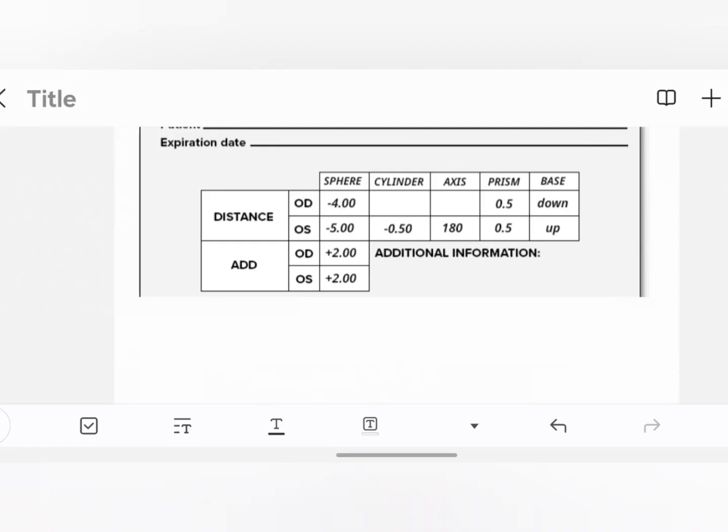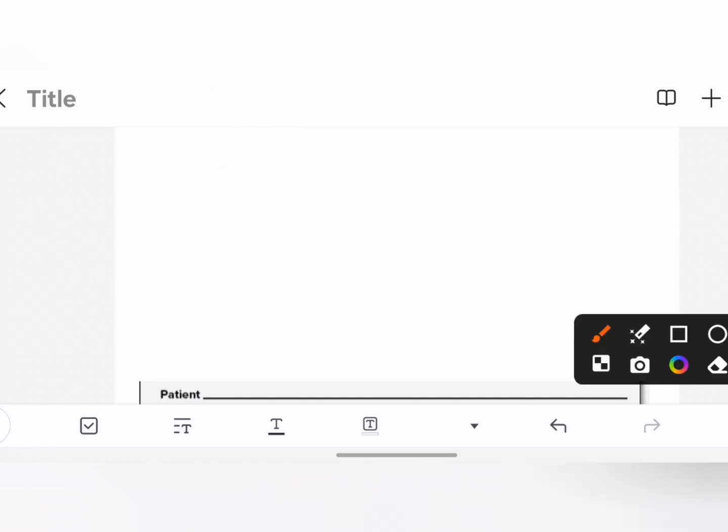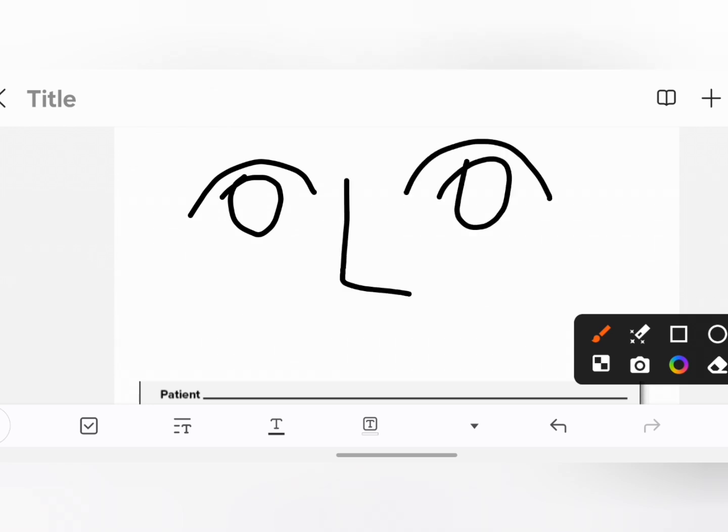So let me tell you about the additional information, what it actually means and what they write there. So here I would like to draw an image. I'm very bad at drawing, but I will tell you. Suppose this is the right eye, this is the left eye, and this is the nose.